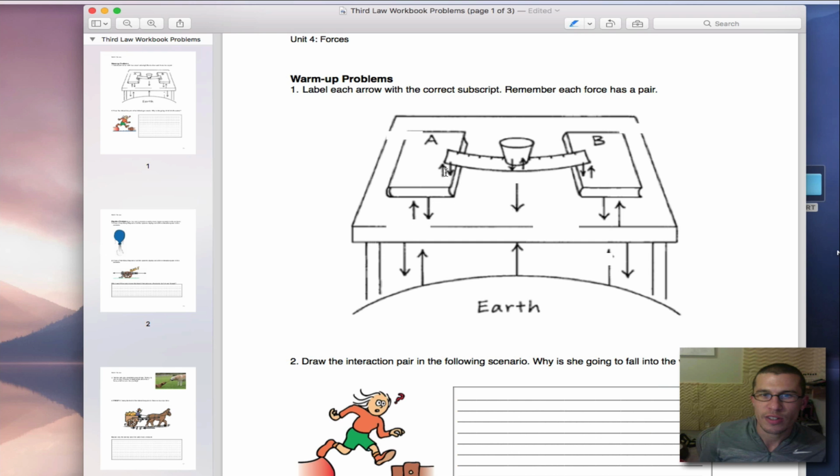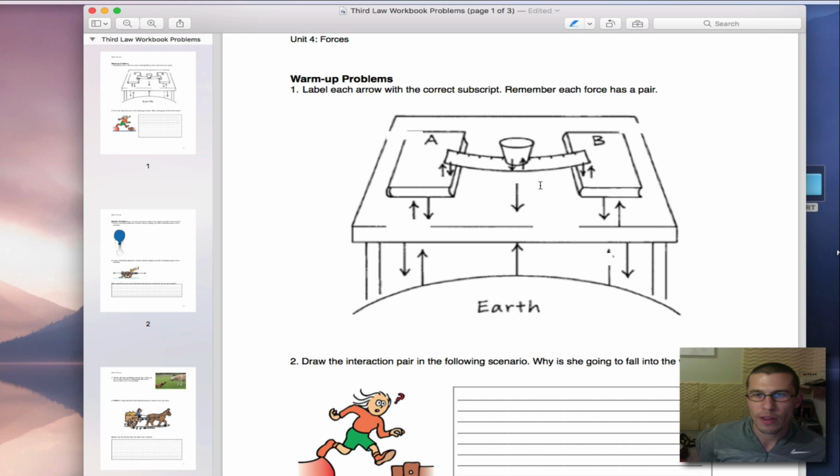Let's look at these two little pairs right here. This force being pulled down is the force on the cup, so it'd be F_C due to the Earth. You call it F_CE. Those are the two subscripts, the C and the E. And over here, this would be the force on the Earth due to the cup.